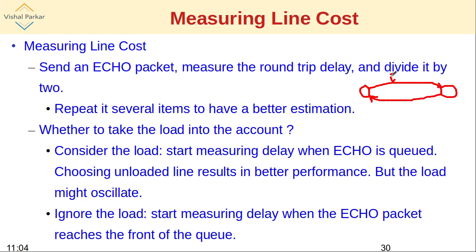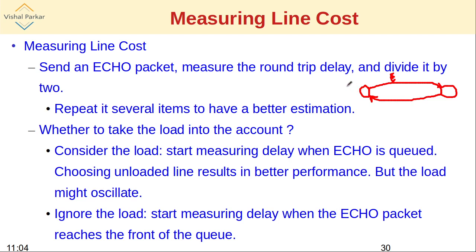So this is the echo packet, and the corresponding reply will be there. It will take some propagation time to reach here, and correspondingly this reply will also take some time to come back. So in a practical situation, the times may be different because of some load, or maybe the packets are lost, or whatever it may be.